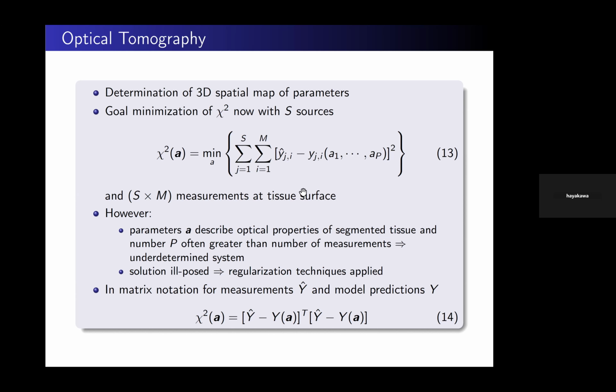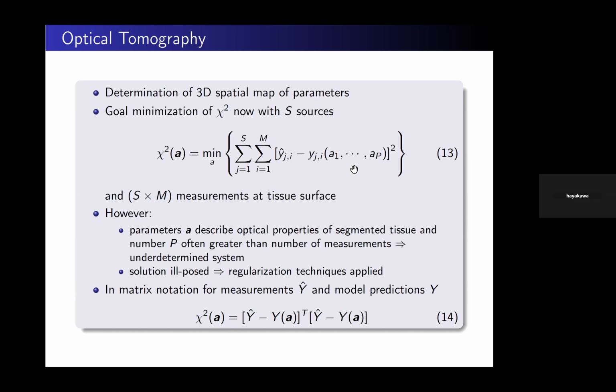But the parameters A now describe the mu A and mu S in a segmented tissue volume, and in the breast it's thousands. They have thousands, and you're getting mu A and mu S. So it's a very ill-posed problem. Definitely the measurements are far fewer than the number of parameters you're seeking.